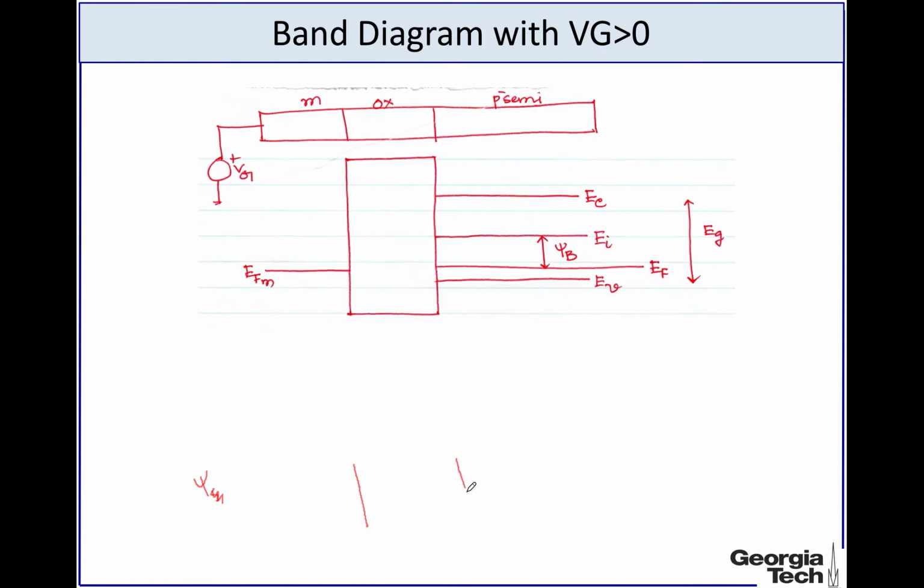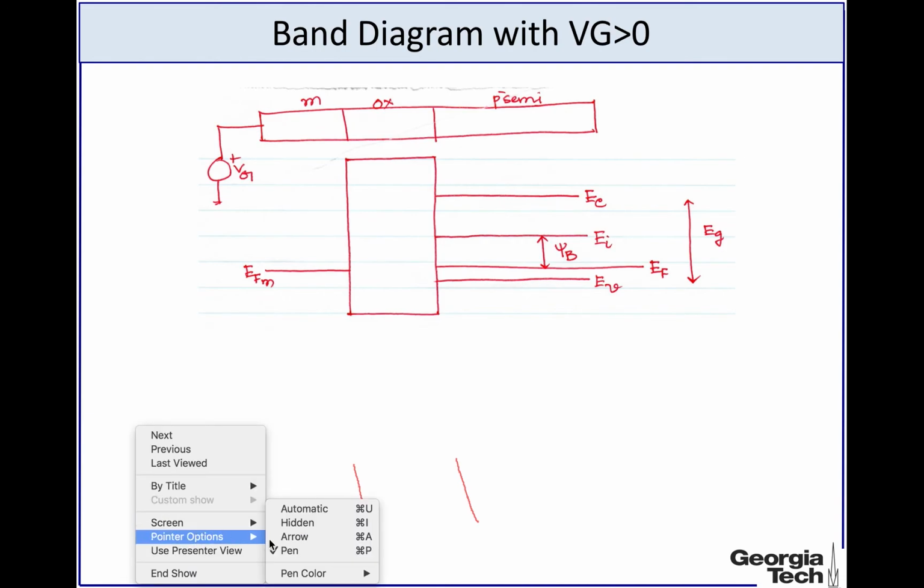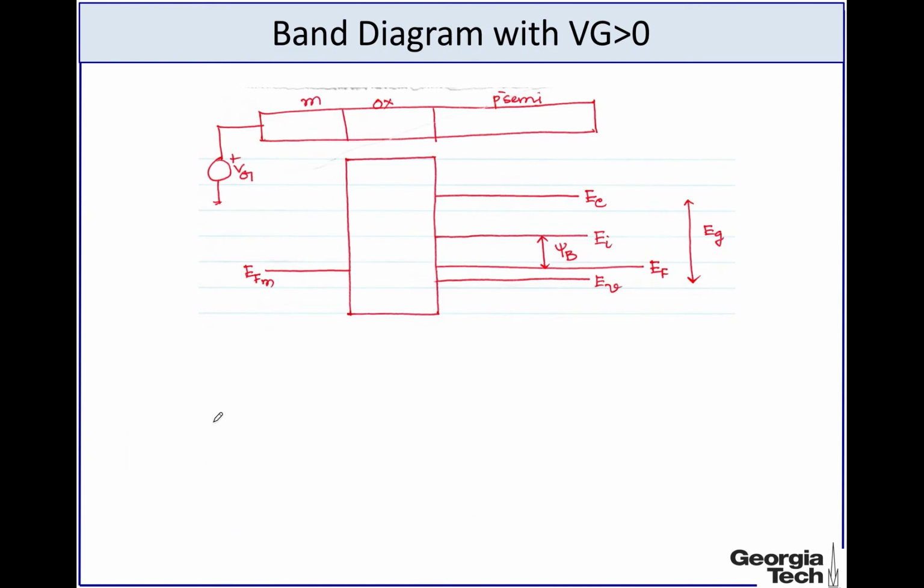Let me erase all of it and then plot it again. Alright, so as we have seen in one of the previous slides, the electrostatic potential across the system looks like this.